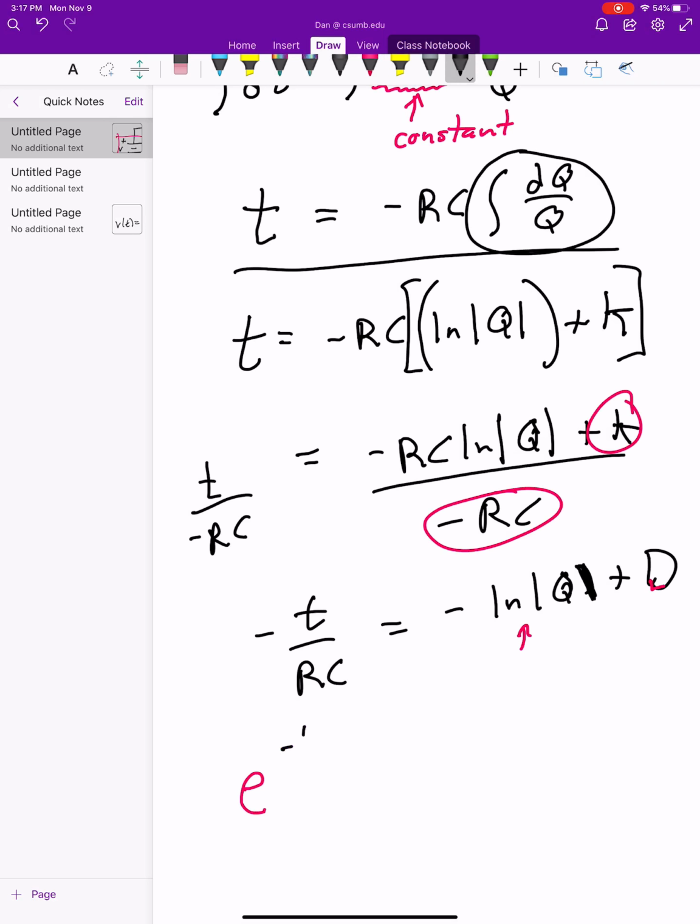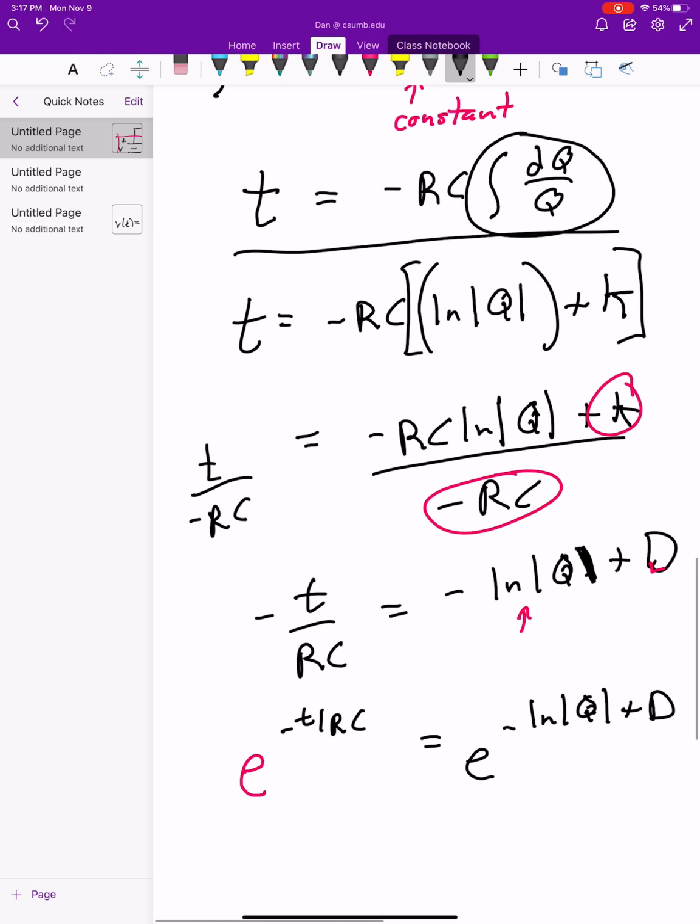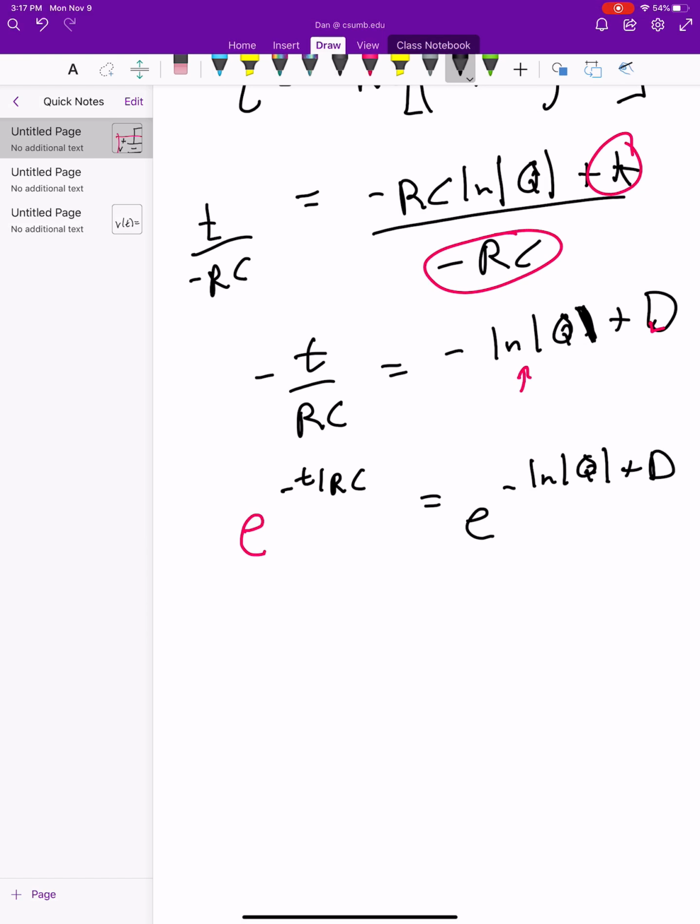So I'll say e to the minus t divided by RC equals e to the minus ln of q plus d. I'll make my e's red so you see that I'm just raising both sides of that equation to e.